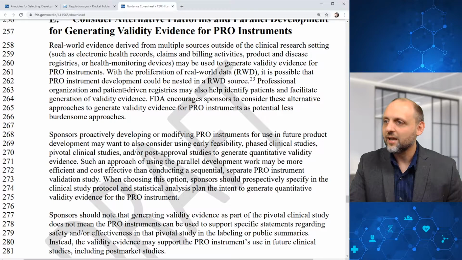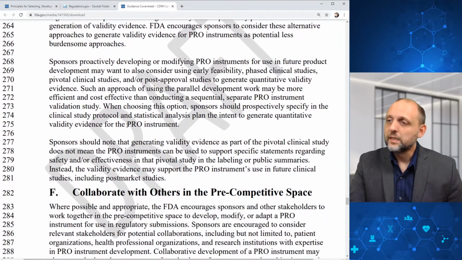Professional organization and patient-driven registries may also help identify patients and facilitate generation of validity evidence. FDA encourages sponsors to consider these alternative approaches to generate validity evidence for PRO instruments as potential less burdensome approaches. Not least burdensome approaches, less burdensome approaches.